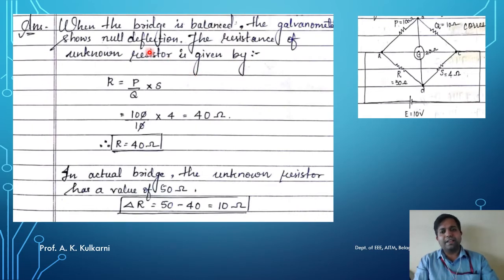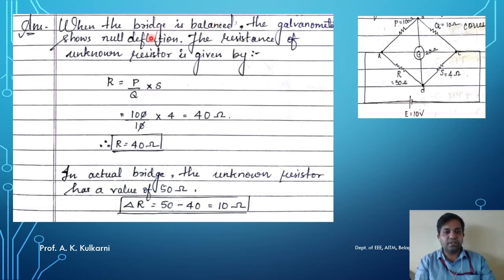Okay, so now let us consider when the bridge is balanced, the galvanometer shows null deflection. As we know, under balanced condition the unknown resistance value is given by this formula: R is equal to P by Q into S, where P and Q are the ratio arm resistances, multiplied by the standard resistance value.